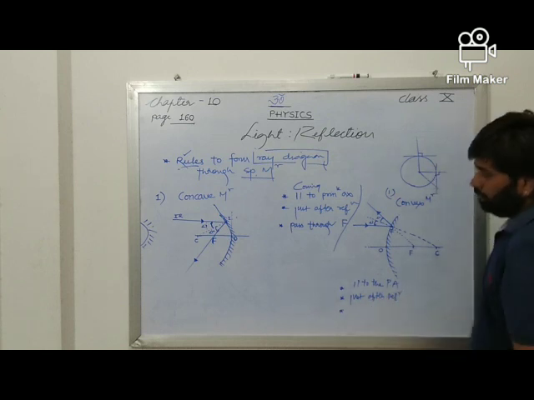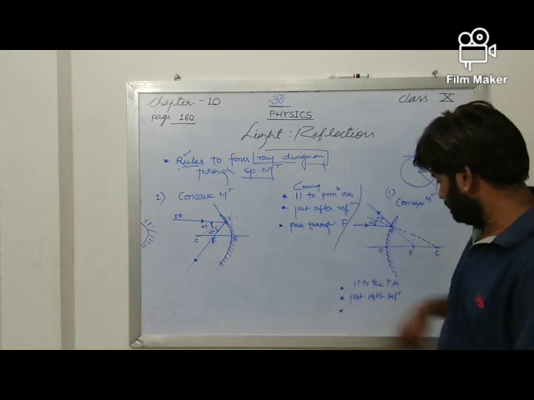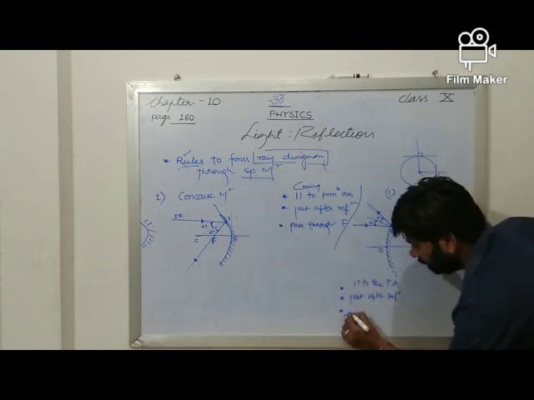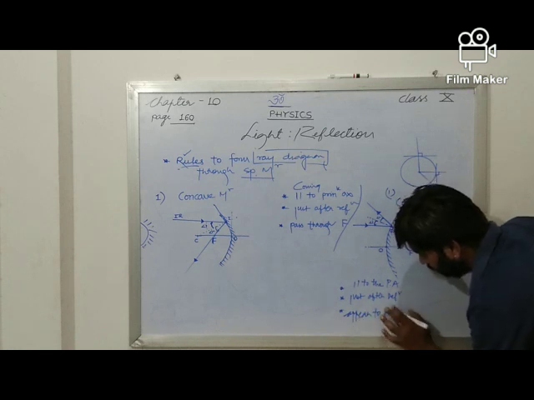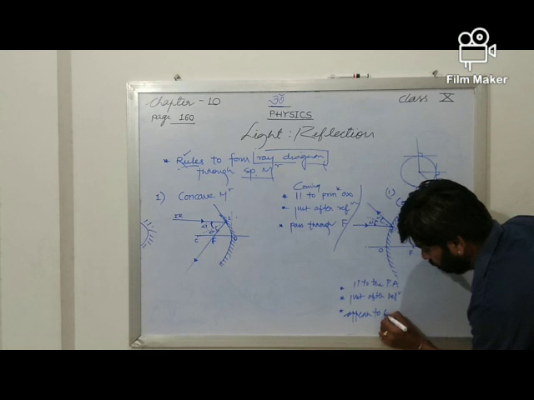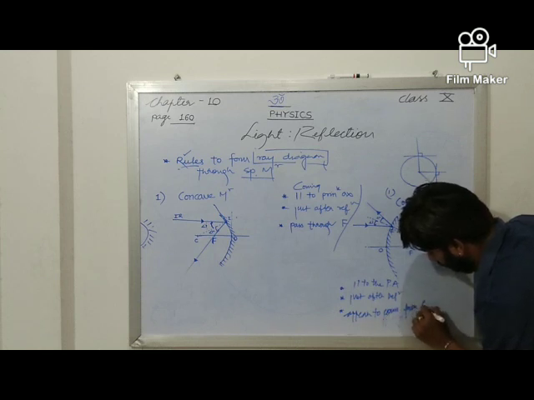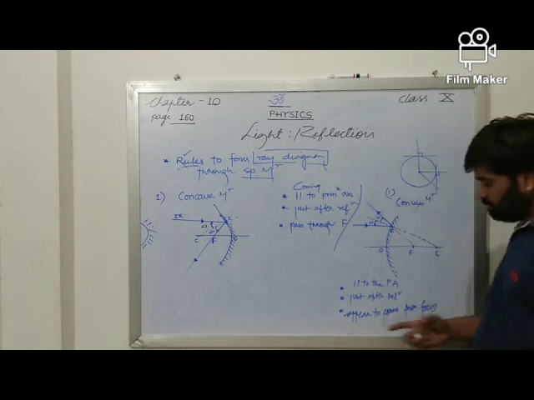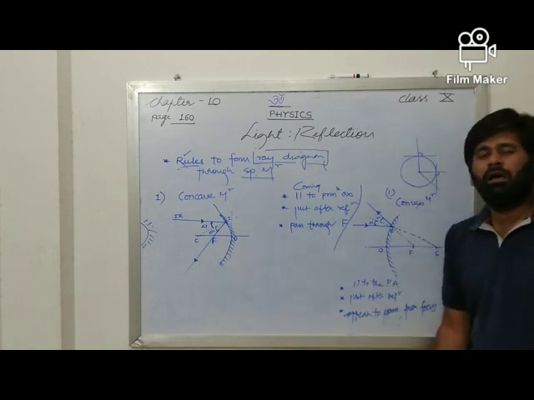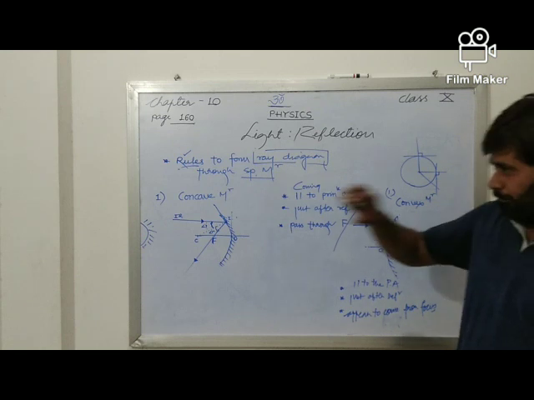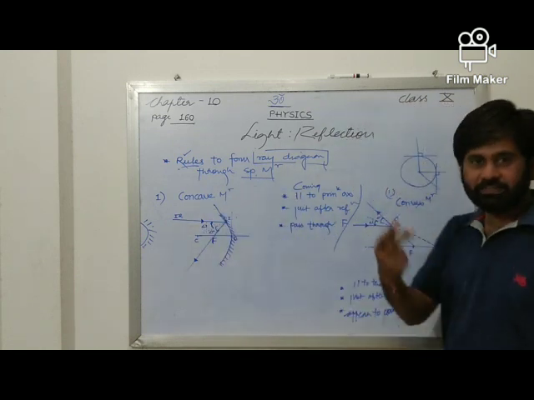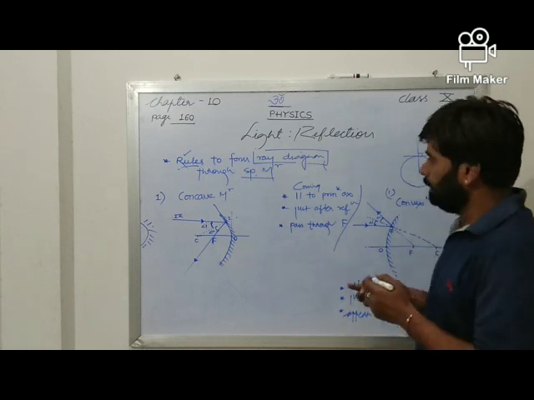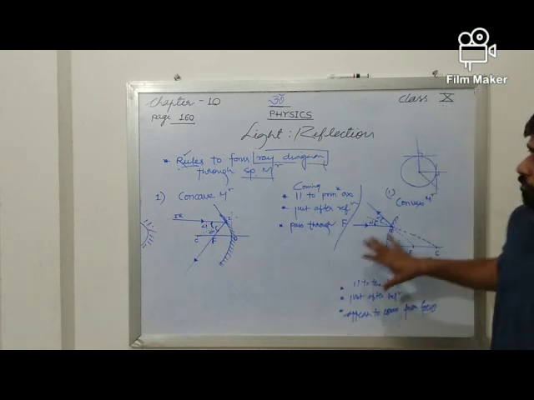And the third one is that it appears to come from the focus. Appear means what? Something which is appearing means we may say that it is not exactly there, or we cannot approach that particular point, but yes, it is there. So this was rule number 1.